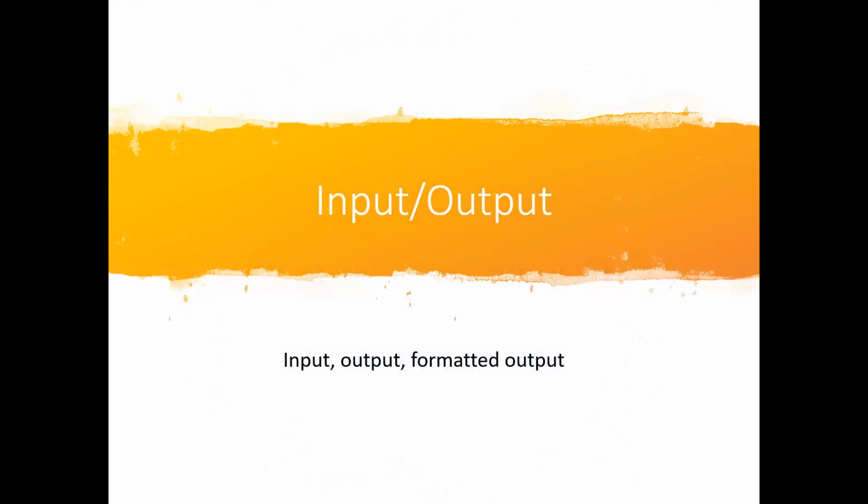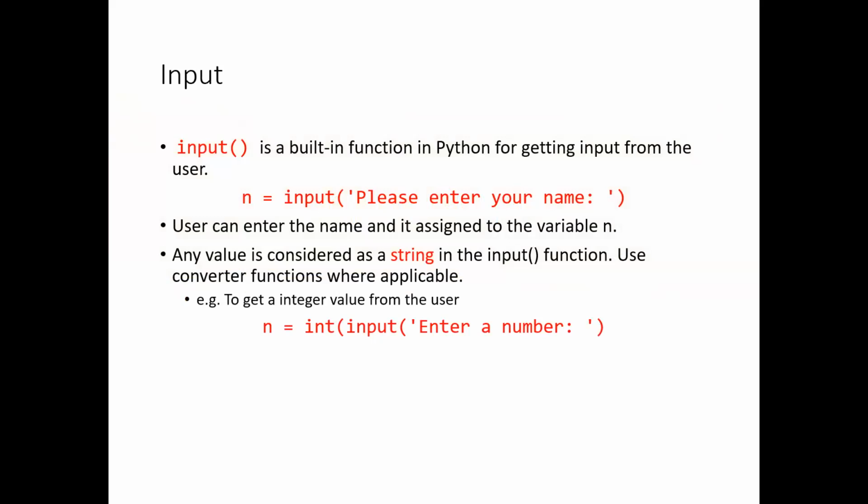Under this one, I'm going to talk about simple input output and also formatted output. Formatted means especially when you want to present some data, so you can process it to some kind of a format. That we are going to discuss under formatted output. The first one, input.